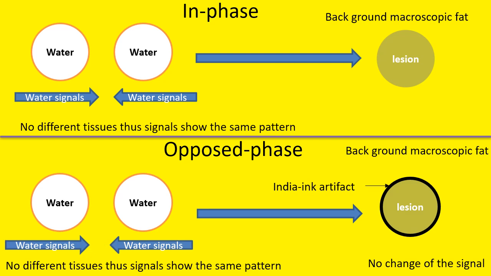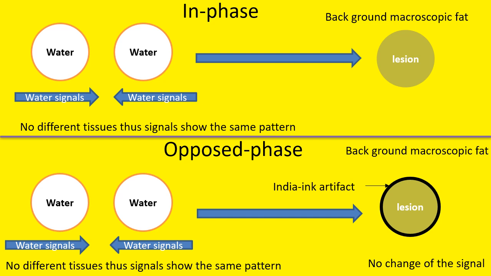If we check this diagram, we'll find that we have a lesion with only one component, the water component. There is no fat component, so we have one group of signals. Its intensity and brightness will not change from in phase to opposed phase sequences.